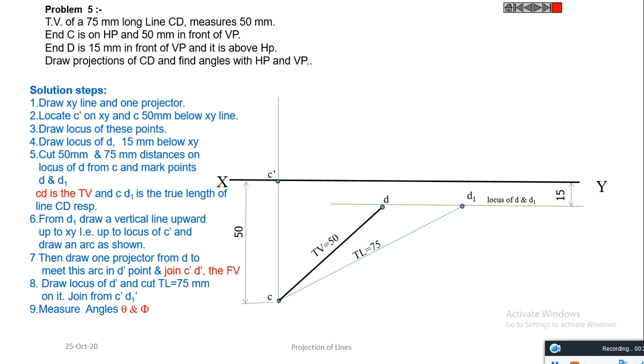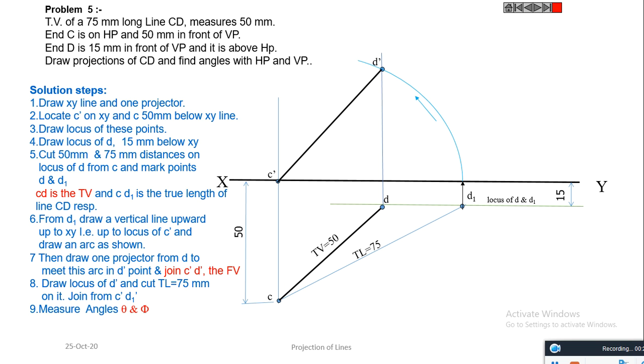So we get the inclination of the line with VP from this line. Now from D1, draw a vertical line upward to the XY line, that is up to the locus of C dash, and draw an arc as shown here. Draw one projector from D to meet this arc at D dash.